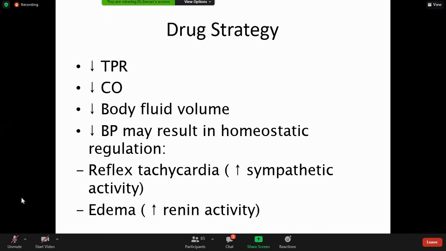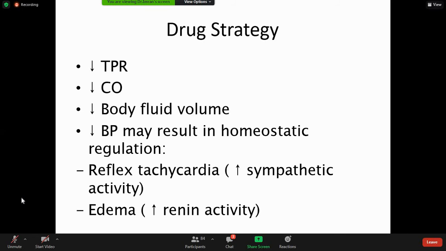And the third mechanism is decreasing body fluid volume. The key group that we can use is labeled as the diuretics. You know, diuretics are the drugs which enhance the excretion of water in urine, right? So this is how we can reduce the blood volume.